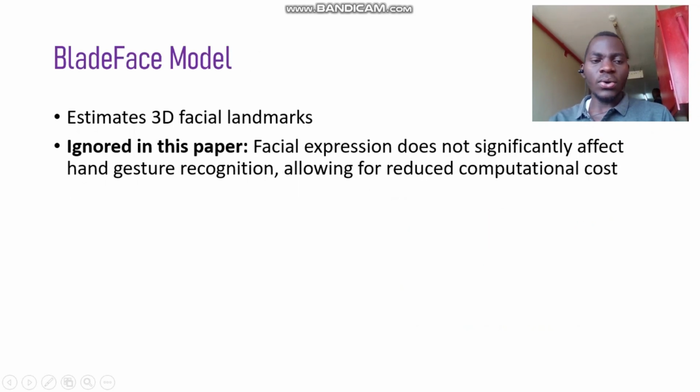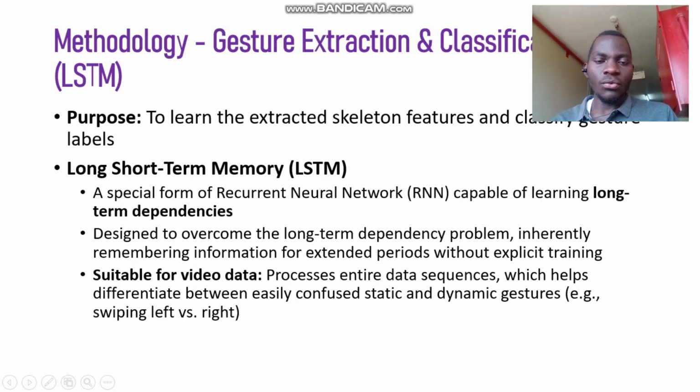They also have the BlazeFace model, and this one they ignored because it was expensive, and they were focusing on hand gestures and the body. So they ignored the BlazeFace model while implementing their solution.